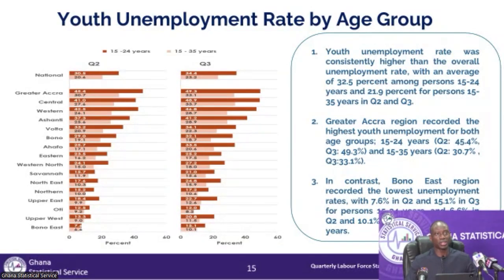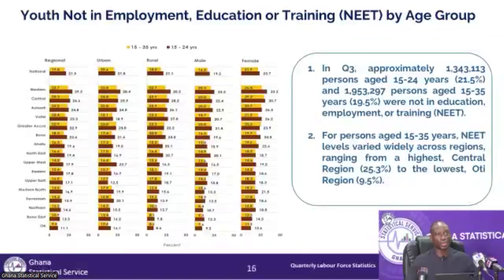Now, let's look at a very important indicator, which is what we refer to as youth not in employment, education, or training. And the data collected shows that in the third quarter of 2025, about 1.34 million young people aged between 15 to 24 years, roughly about 21.5% of them, were not in employment, education, or training.